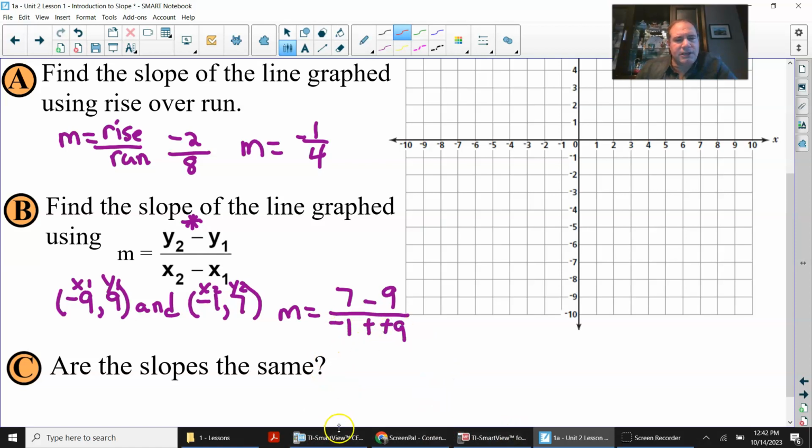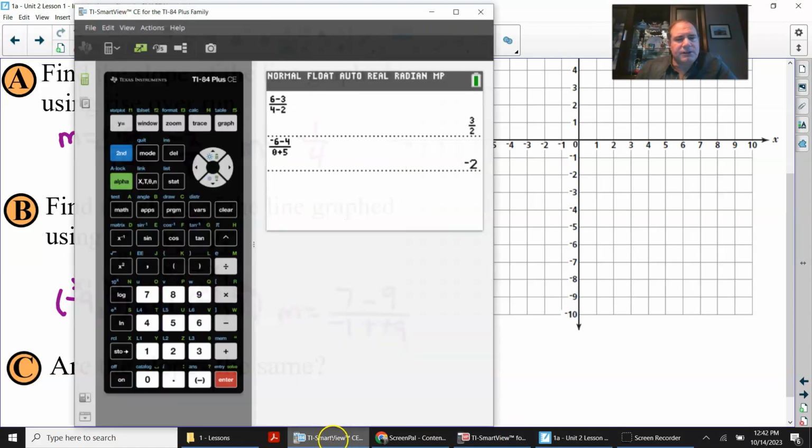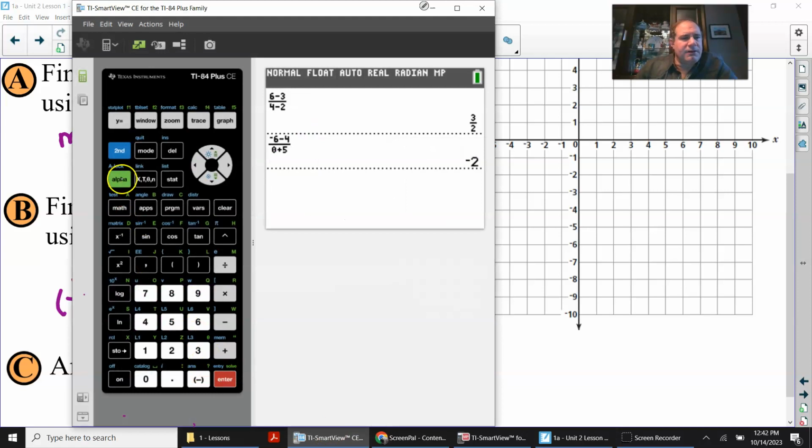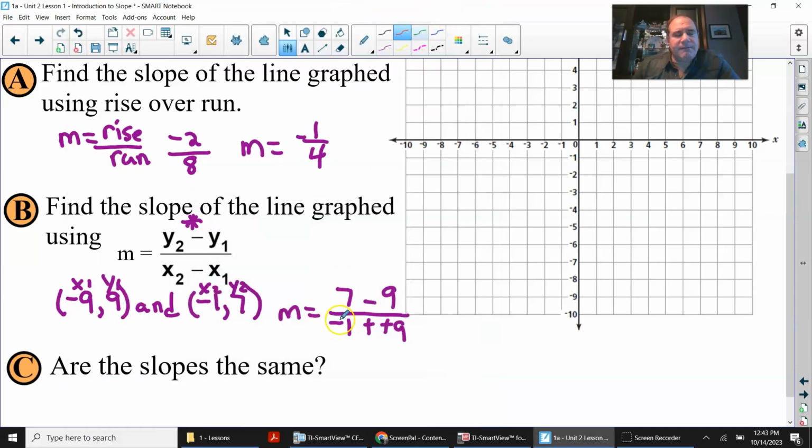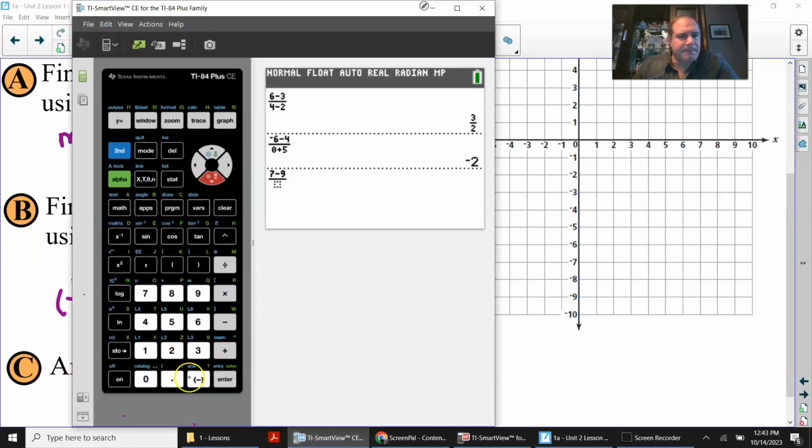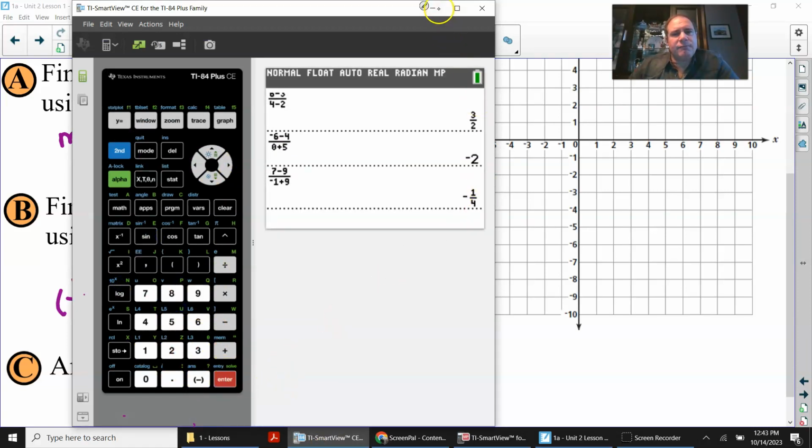Keep, change, change. So the first part of my fraction is 7 minus 9. And then the second part of my fraction is negative 1 plus 9. And once I press enter, I get negative 1/4.